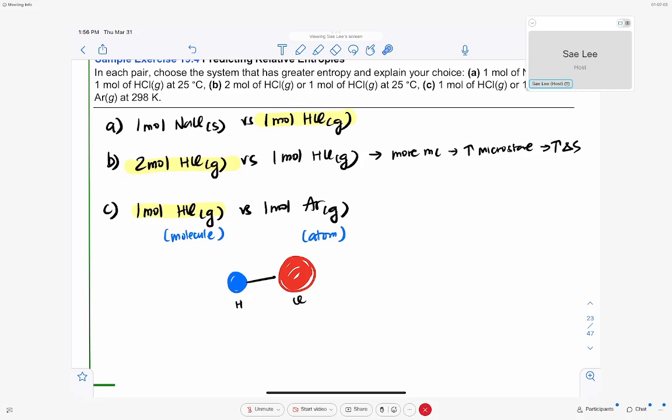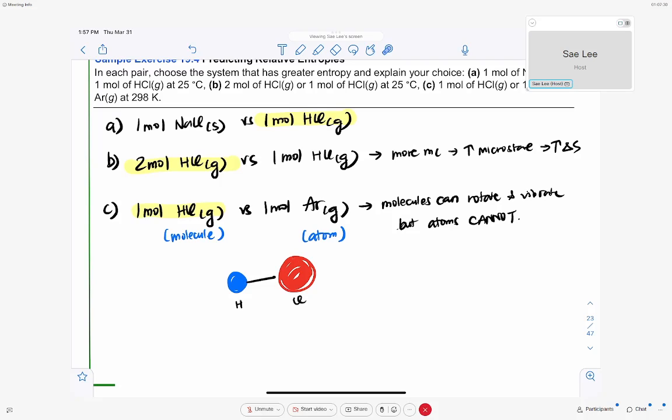Argon by itself is not going to vibrate and rotate. Molecules can rotate and vibrate, but atoms cannot.